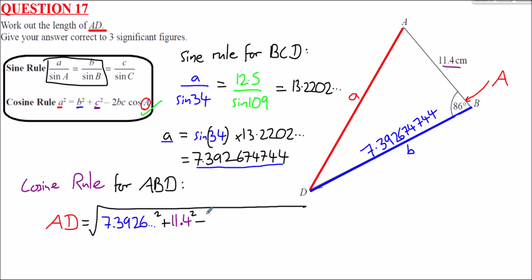Then minus 2 times b, this 7.3926 business, times c, which is this 11.4, times cos of angle A, which is 86.